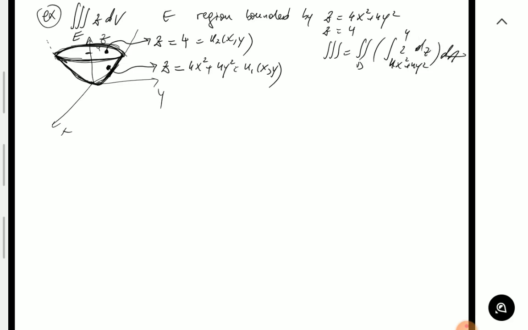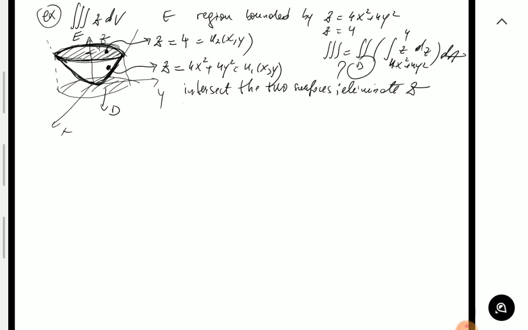And then the function to integrate, of course, is z. Now, what is the common domain? If I see it from above, it is whatever this intersection projects onto in the xy plane. This is the common domain of the top and the bottom. How do you find it? Well, I'm going to have to intersect the 2 surfaces and eliminate z.